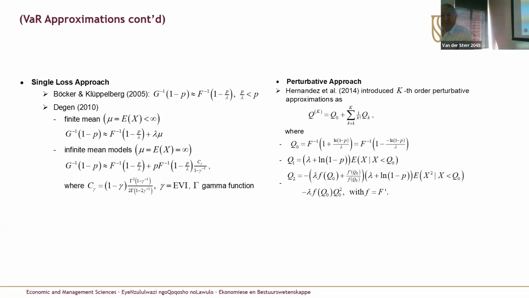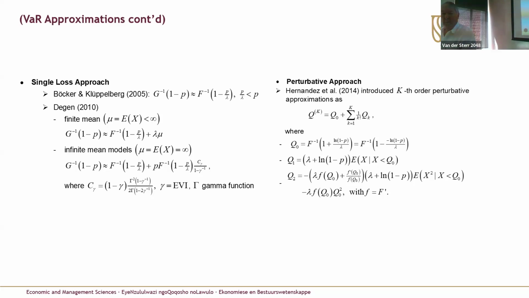The second one is the perturbative approach from Hernandez and his co-workers. And you can go up to any order. We're not going to go too high, but essentially your first order is just your zeroth term of the perturbative expansion. Now, if you look at that, Q0, it's again F inverse at 1 minus the log of 1 minus p over lambda.